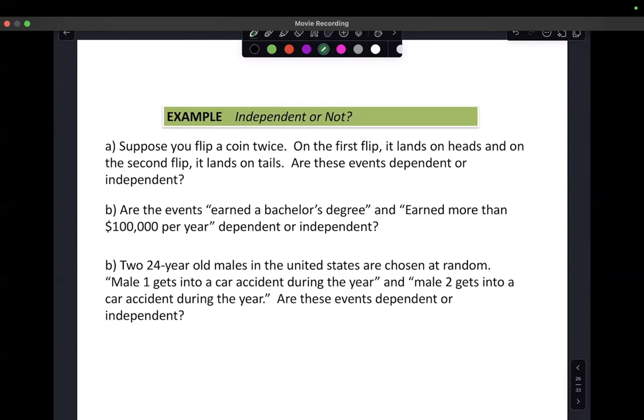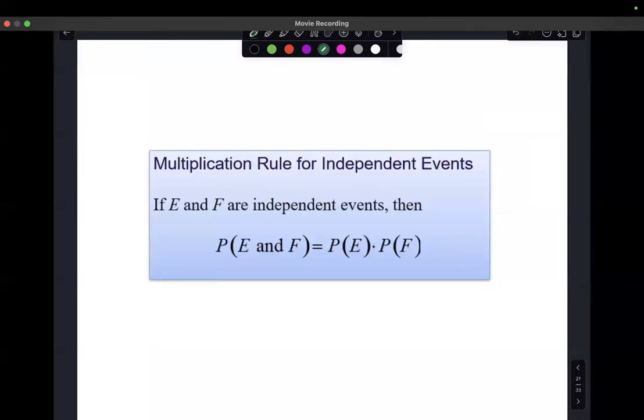All right. So, the multiplication rule for independent events. We are not going to have a rule for if events are not independent. It is a very complicated process that we are not going to do. We're only doing independent events. So the first thing you need to figure out is, are these events independent? If events are independent, we multiply their probabilities.